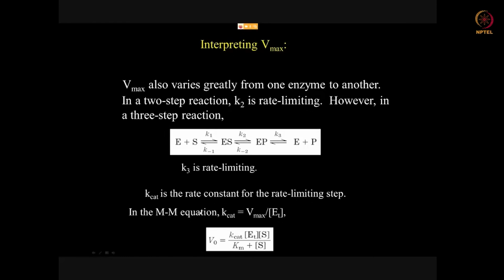So in the Michaelis-Menten equation, if we go back, Kcat will be equal to Vmax by Et. That is simply because, in the Michaelis-Menten equation, you have K2, and that K2 is Vmax by Et, and if you substitute, then you get this situation.